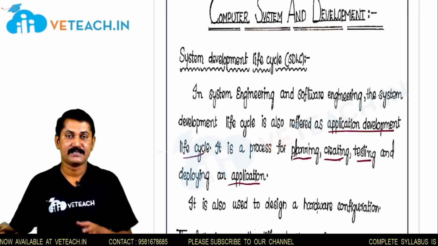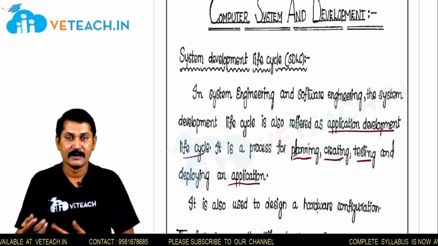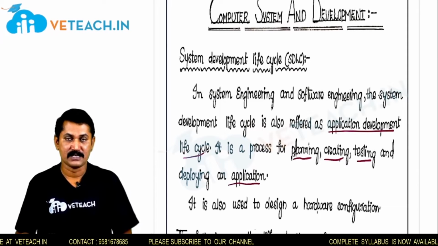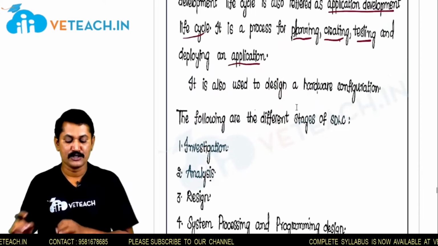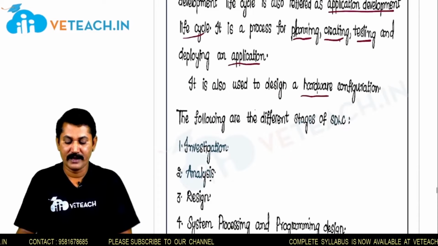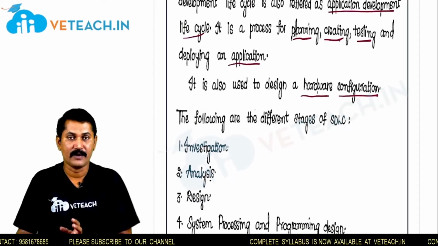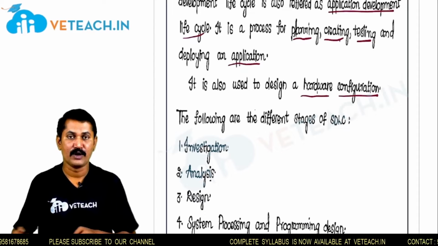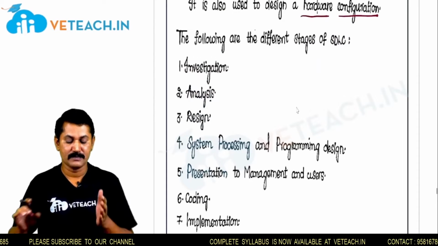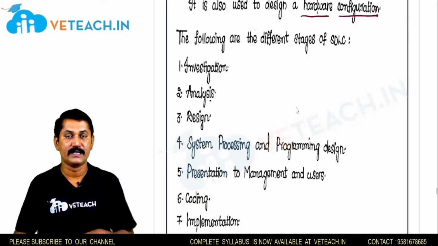So it has the life cycle of implementing and applying the processes in different manners. It is also used to design the hardware configuration, not only the software. Here are a few important procedural steps involved in the life cycle.